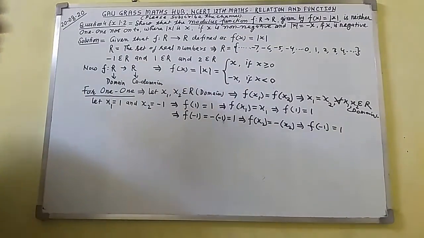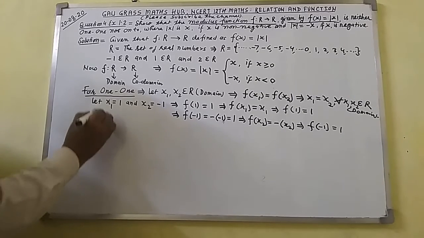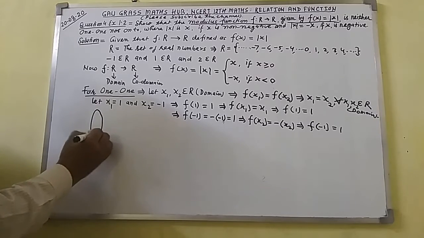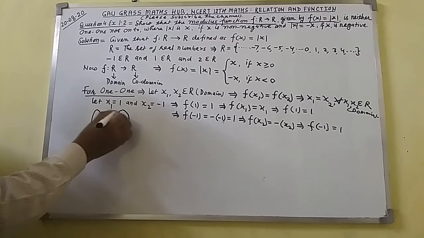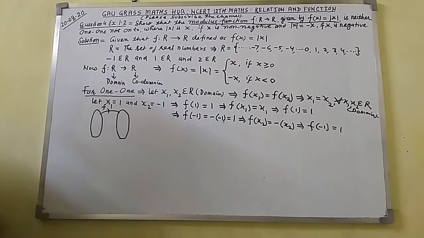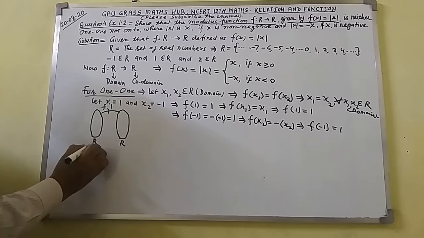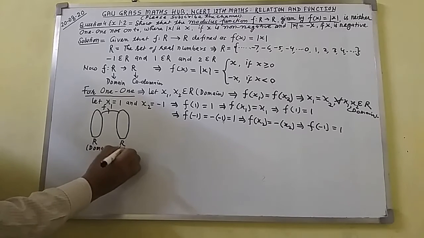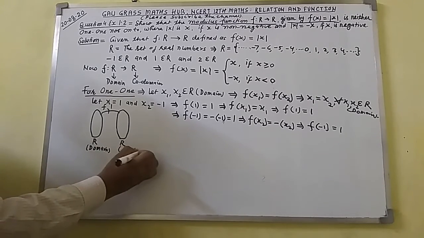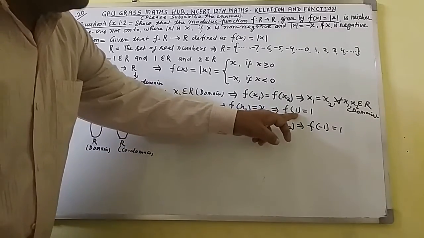Now you make the diagram on this basis. You will come to know that this is the diagram I am going to make here. This is the function from capital R goes to capital R. Here capital R is domain. Here capital R is codomain. So here it says f of 1.